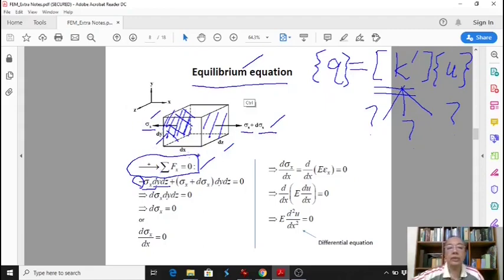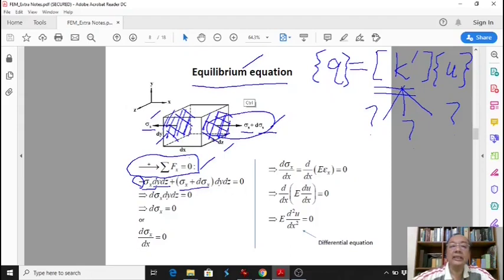To maintain equilibrium, we need to consider this other force: stress x plus d sigma x, multiplied by the area dz times dy, to get force.